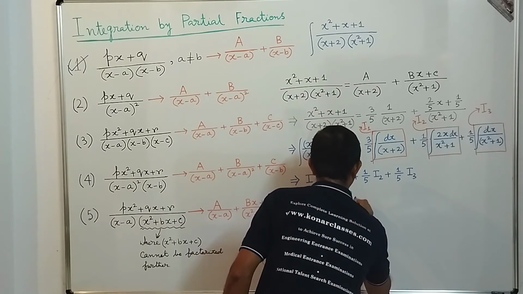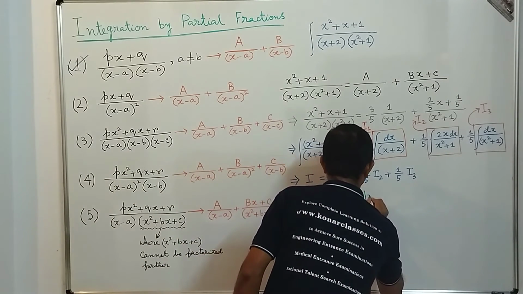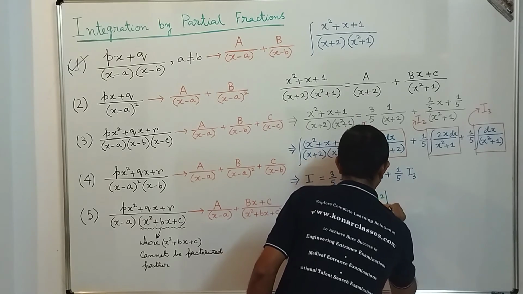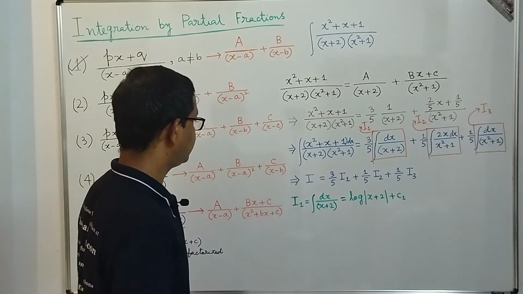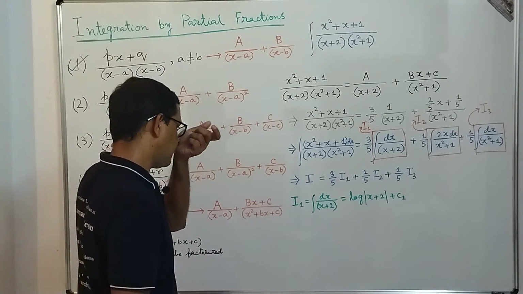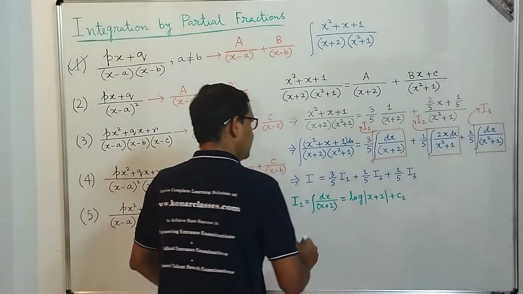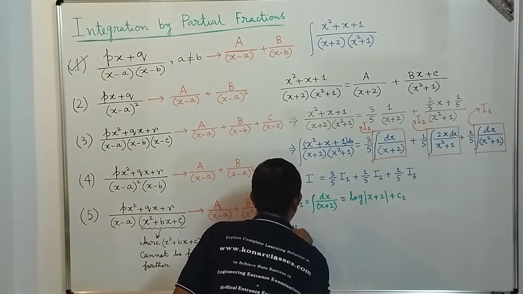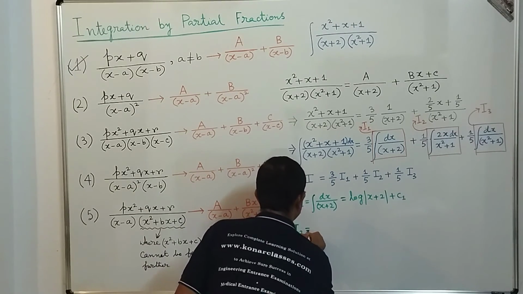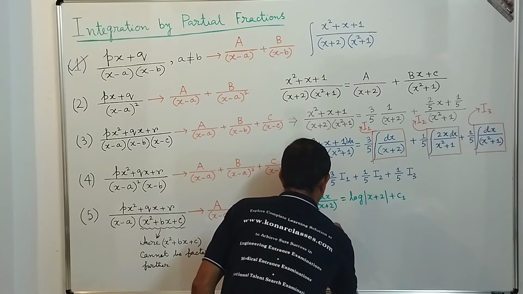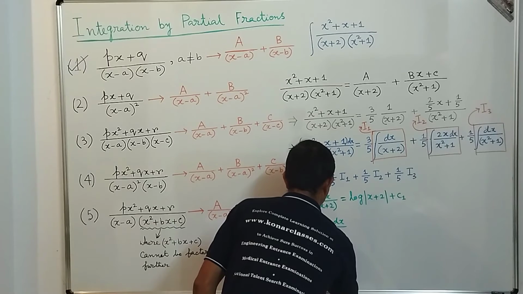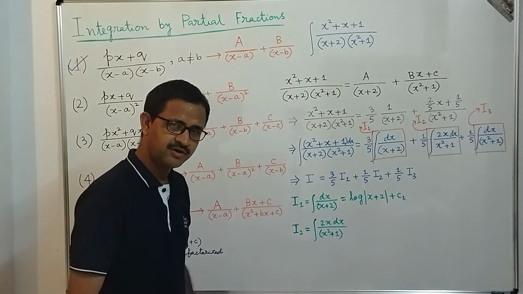Now let's concentrate on finding the value of I2. I2 should be equal to the integration of 2x dx divided by x square plus 1. That is also quite straightforward.